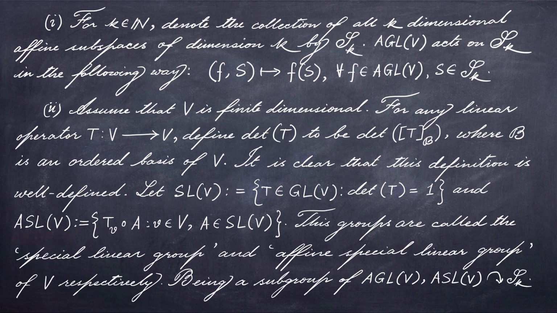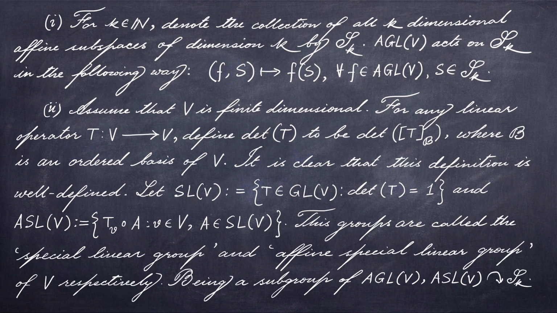These are nothing but the maps with determinant 1 followed by a translation. It is easy to see that this is a subgroup of AGL(V). This group is called the special linear group, and this is called the affine special linear group of V.